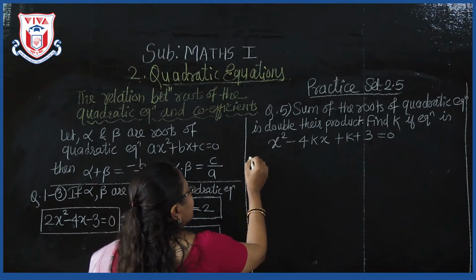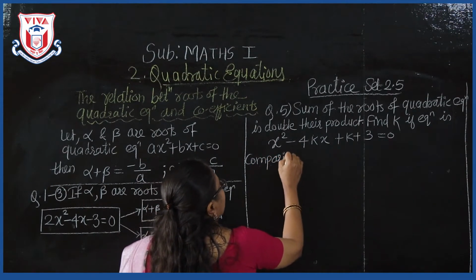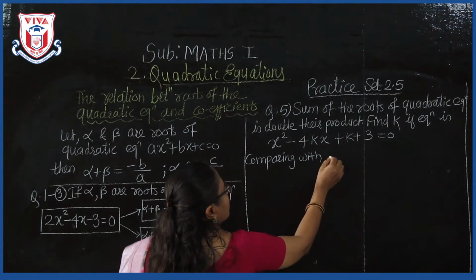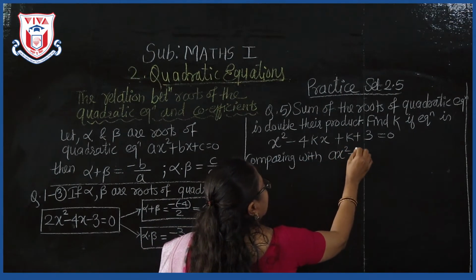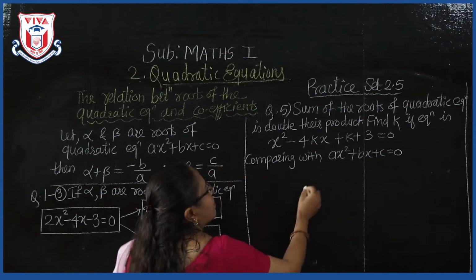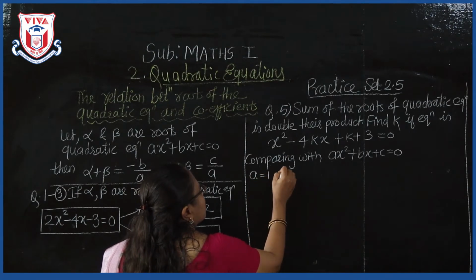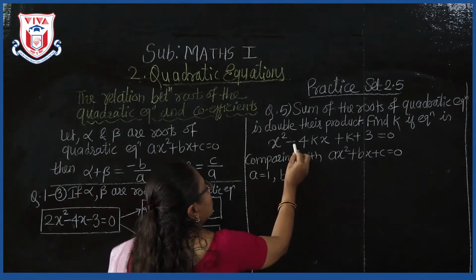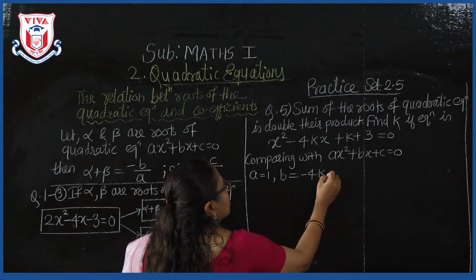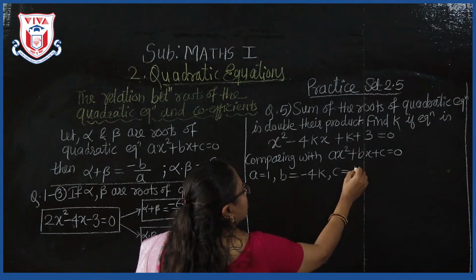We have to compare this equation with the standard form. We get the value of A equal to 1, B equal to minus 4k, and C is equal to k plus 3.